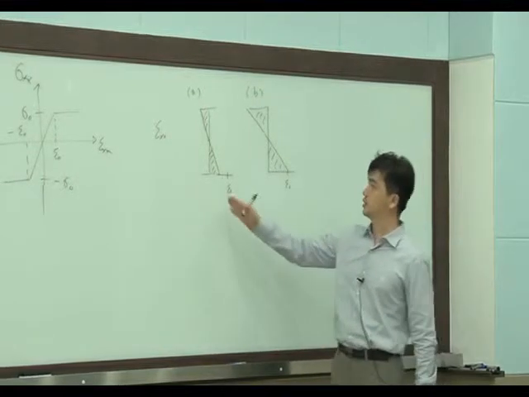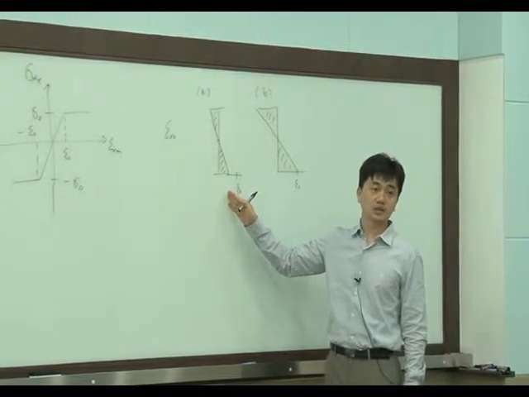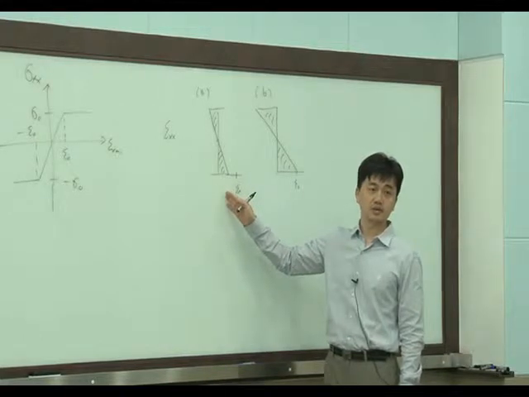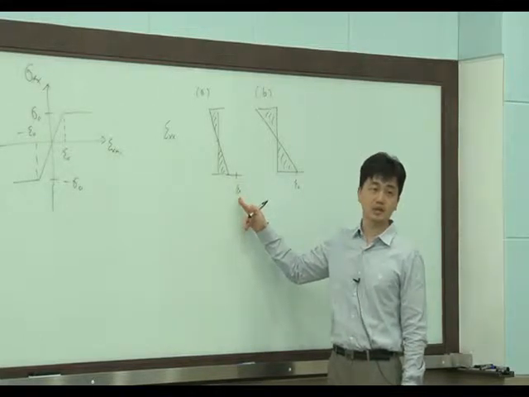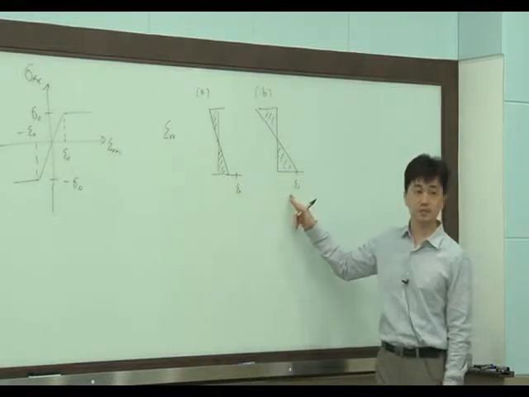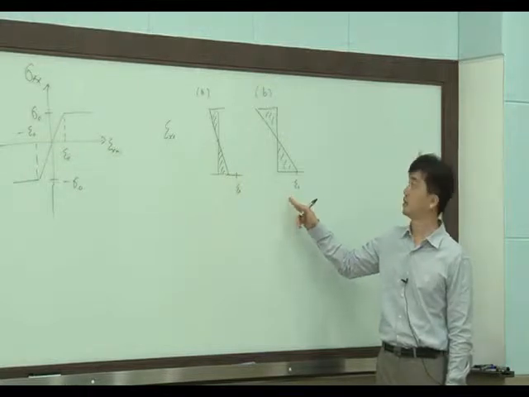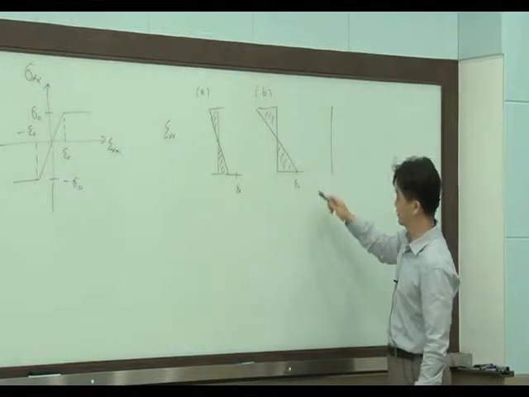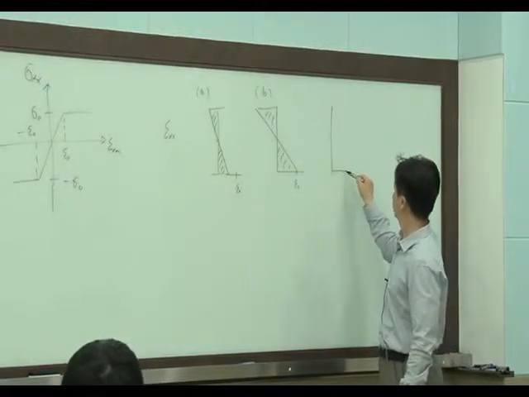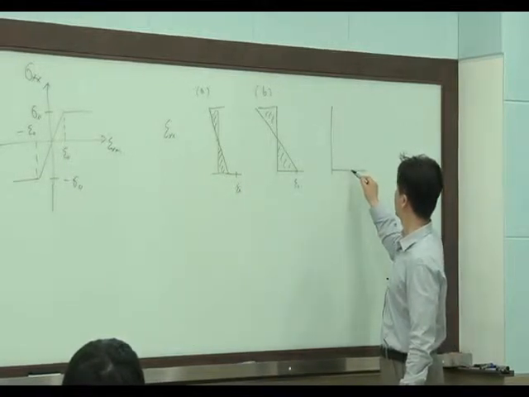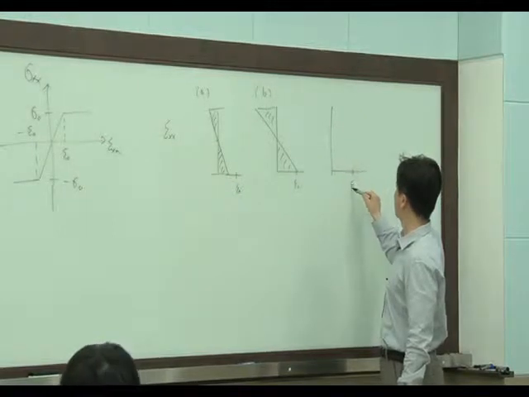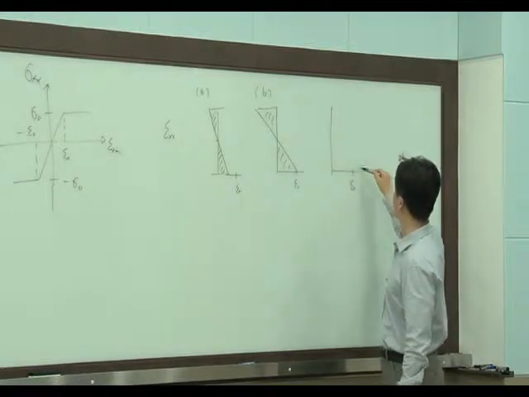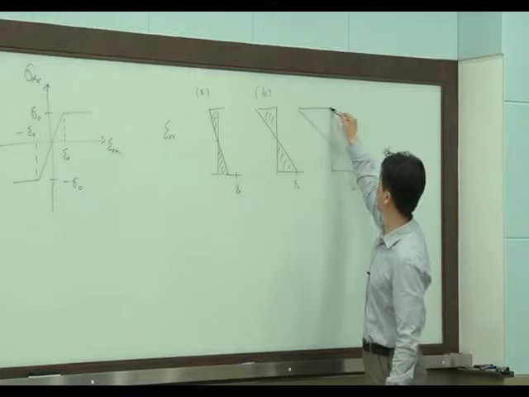So here the strain is smaller than the elastic limit, right? And now the strain goes to the elastic limit. And then if I increase the moment more, the strain will be bigger than the elastic limit.